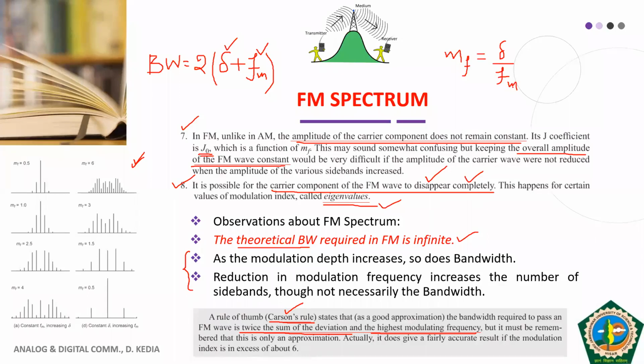Since this is a mathematical equation, MF can be increased in 2 ways. One way is keeping delta constant and decreasing FM.